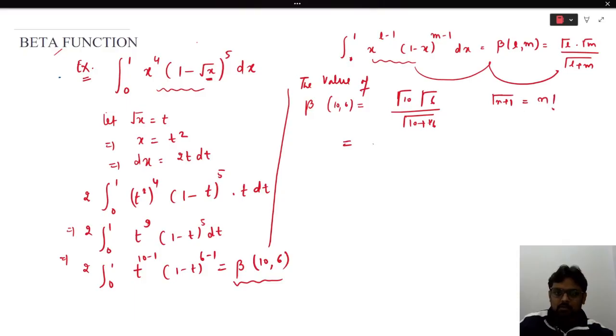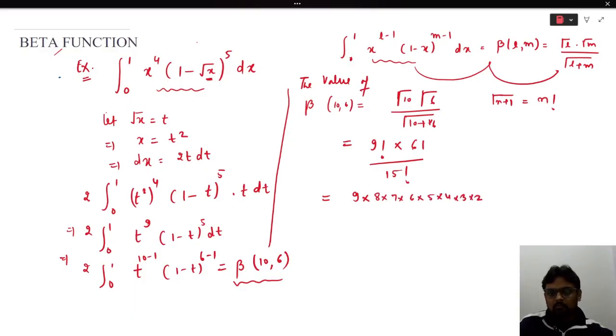So we use here 9 factorial, and here 10 plus 6 is 16, so here 15 factorial. So we can write it as 9 into 8 into 7 into 6 into 5 into 4 into 3 into 2, that is 9 factorial, and 6 factorial is 6 into 5 into 4 into 3 into 2.